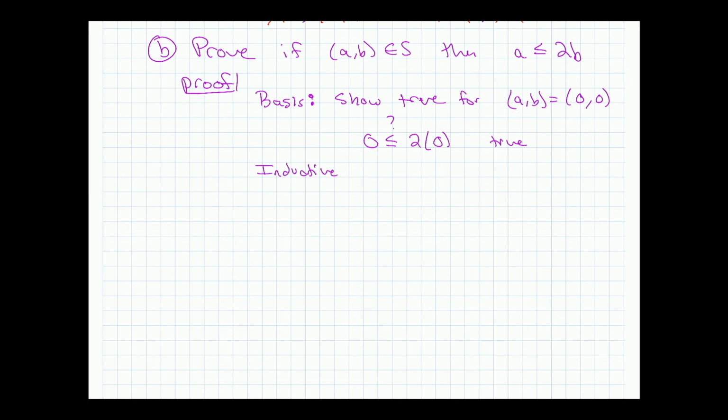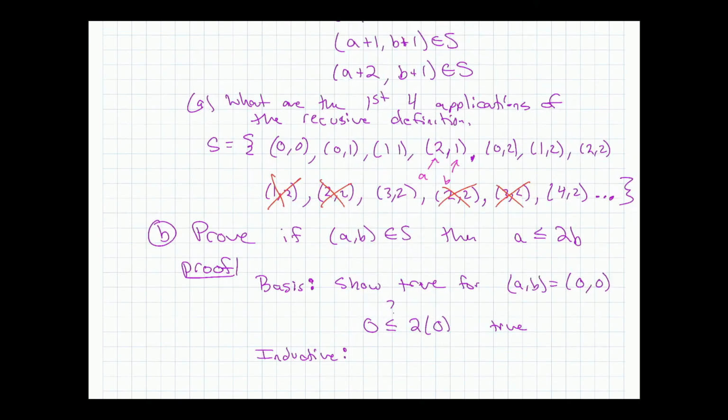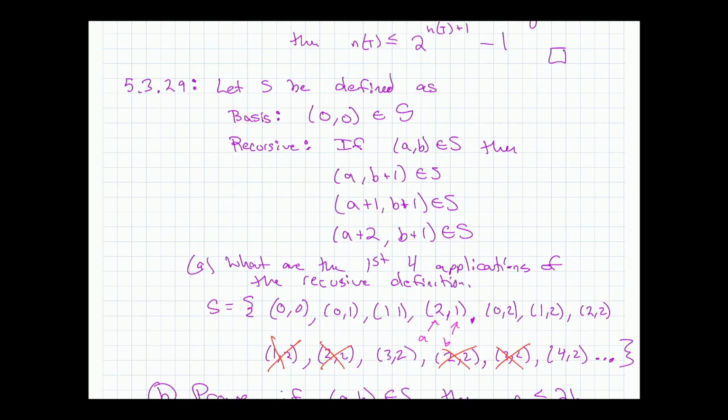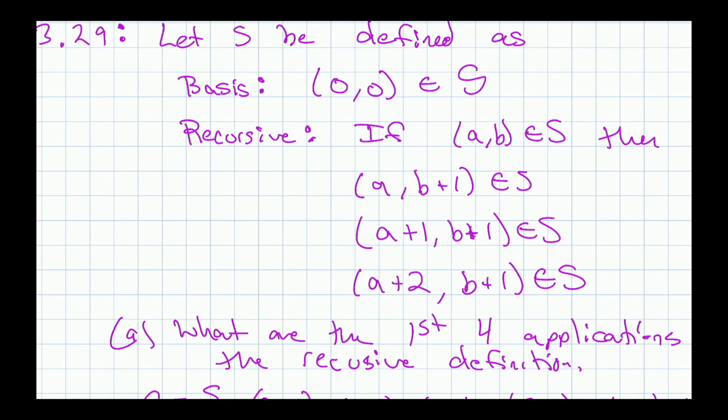Inductive step. For the inductive step, you're going to assume that (A, B) has the property. In the recursive definition, you've got this is in S, and then these are in S. So we assume that this has the property, and then we need to show that all three of these also have the property, which I think we can do.